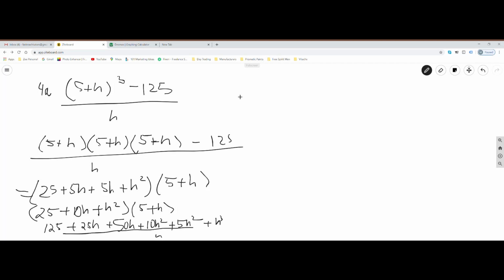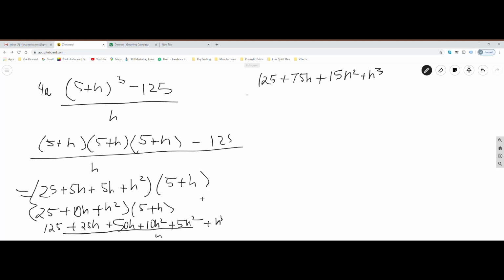Now let's simplify this further. So 125 plus 75h plus 15h squared plus h cubed.